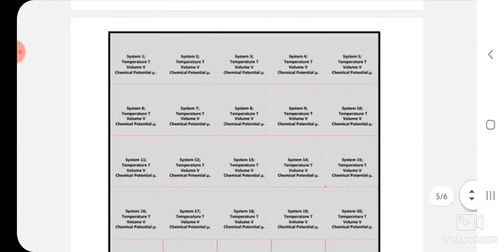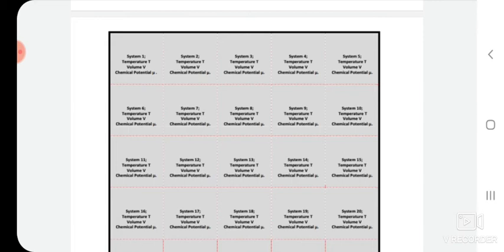If we move forward, the third term is the grand canonical ensemble. It is a collection of a large number of essentially independent systems having the same temperature, volume, and chemical potential. Same definition, but those terms will be changed.